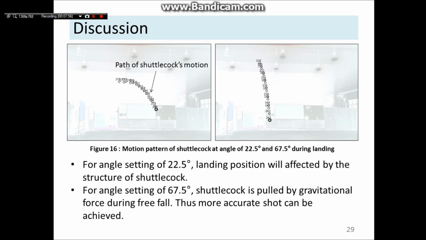With different structures of shuttlecock, the trajectory of the shot will be different. While for the angle setting of 67.5, the shuttlecock is pulled by gravitational force during free fall, thus a more accurate shot can be achieved. It's still affected by the structure of the shuttlecock, but not that much.